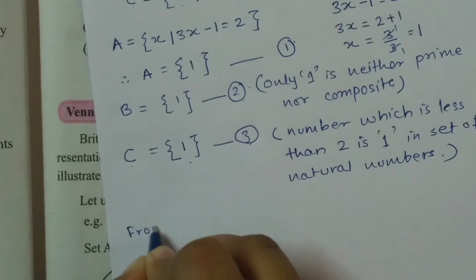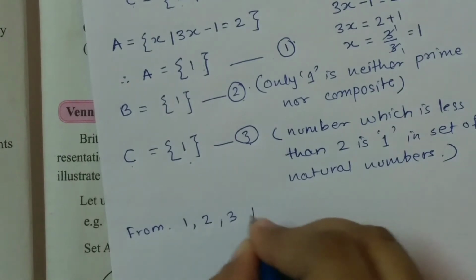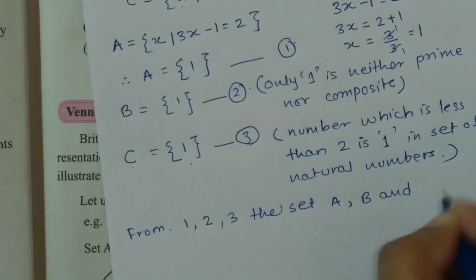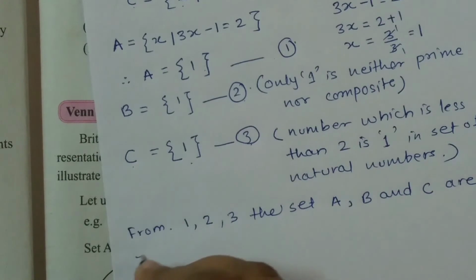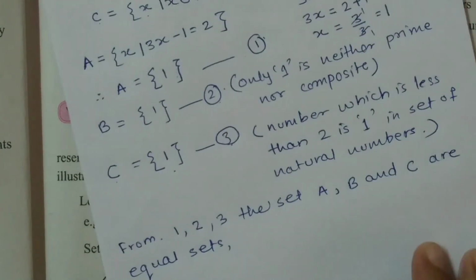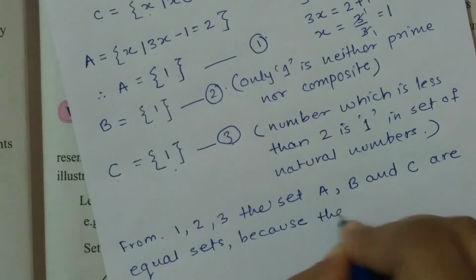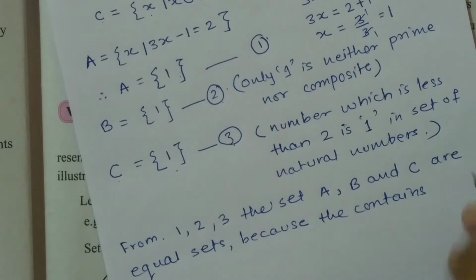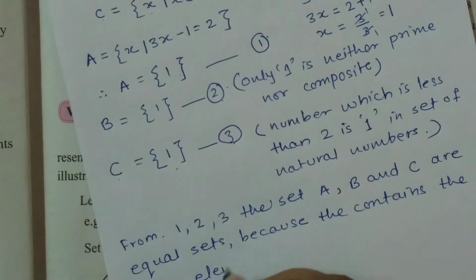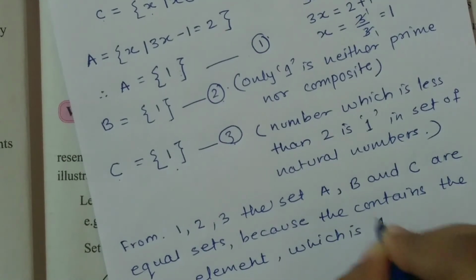From 1, 2, 3, the sets A, B and C are equal sets because they contain the same element, which is 1.